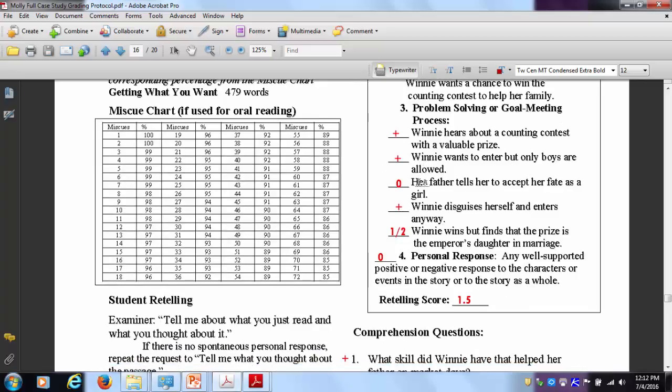Yes. Now, the minute you get into that discussion about the father, it's totally gone. But she does disguise. All right? Now, here, she wins. So she got half of that, but she misses the point that the prize was the emperor's daughter in marriage. So we have a half, and there's absolutely no personal response there.